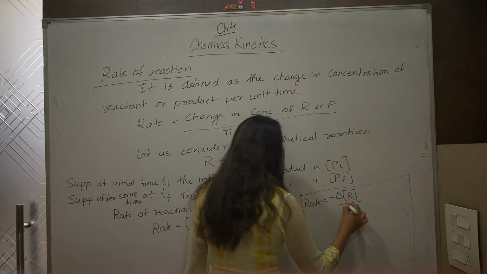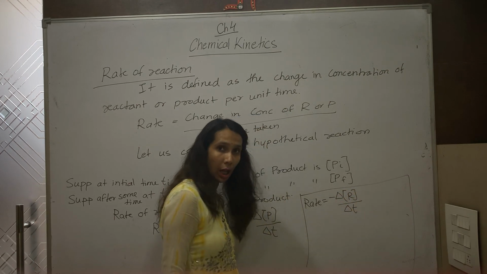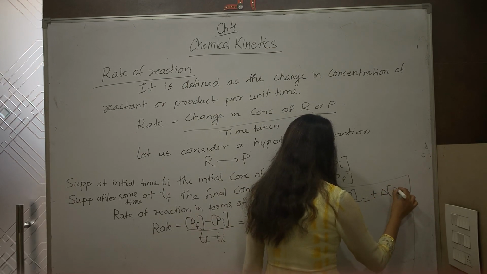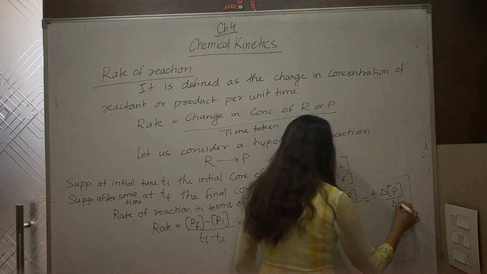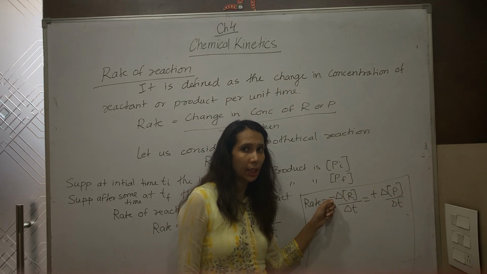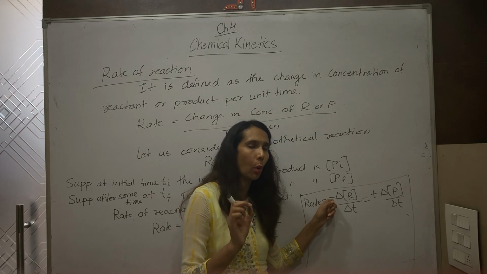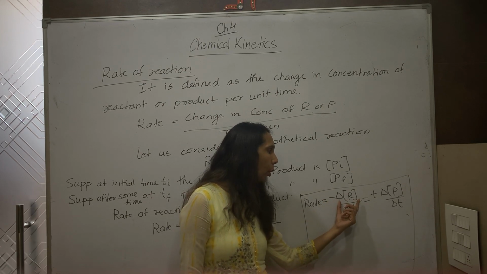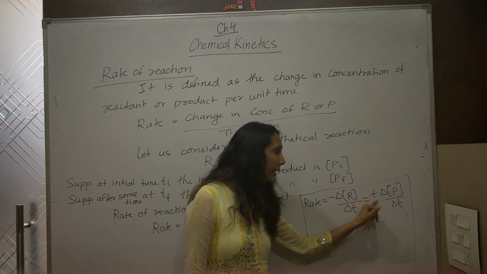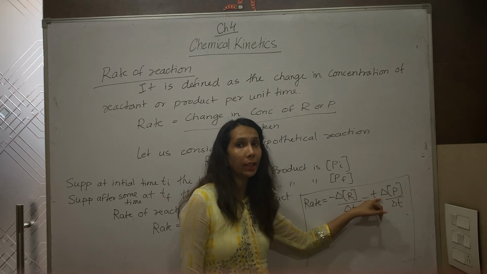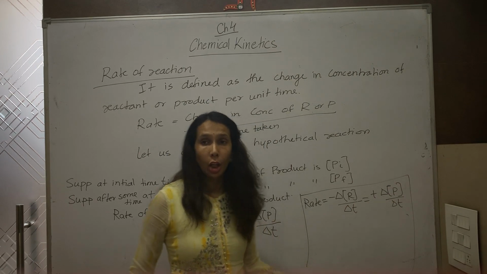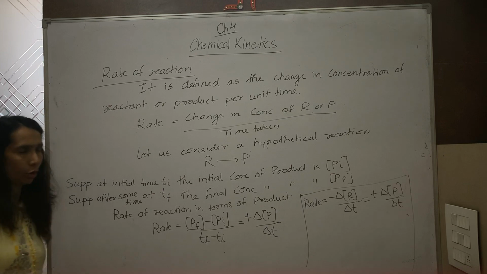In terms of reactant, minus delta R by delta T, and in terms of product, delta P by delta T. The negative sign has no mathematical significance, it only shows that during the reaction, the concentration of reactant decreases. And that the concentration of product increases is shown by a positive sign. So this is how we write the rate of reaction.